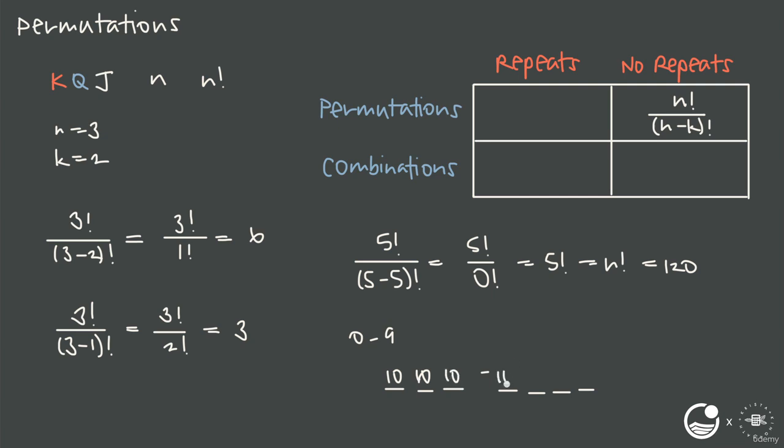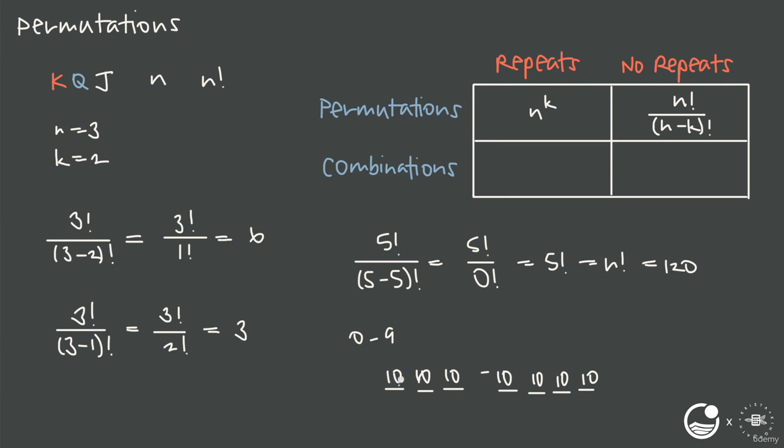We'll have 10 possibilities for every digit in our 7-digit phone number, which means that when we allow repeats, the calculation we use is simply n to the power of k, where n is the number of things we have to pick from, in this case, 10 digits, and k is the number of times that we're making that pick. Here we picked 7 times because we had 7 spots to fill to make a phone number.